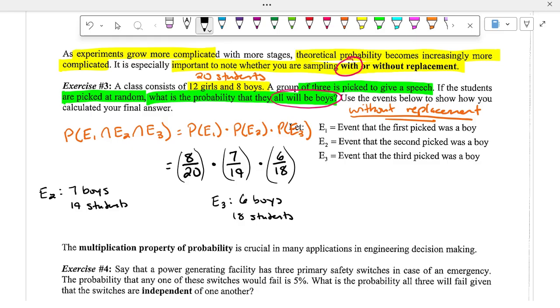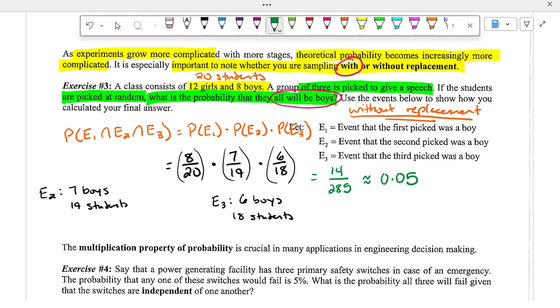Ew, it's ugly. Let's see if it even converts to a fraction. As a fraction, it's a doozy. The fraction would be 14 out of 285. So it's a pretty darn small chance that it's going to happen. If I round the decimal to the nearest hundredth, it would be 0.05.